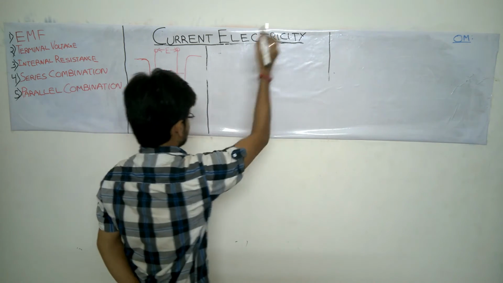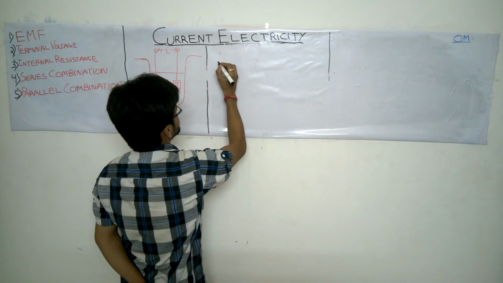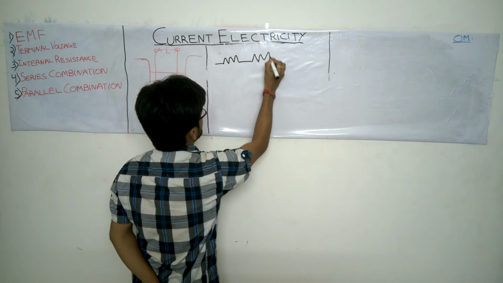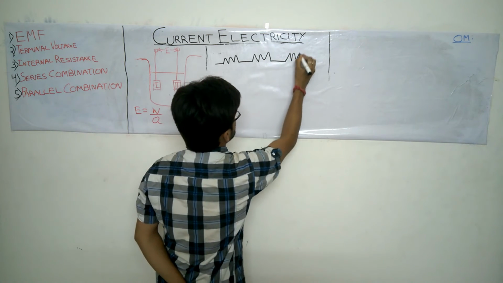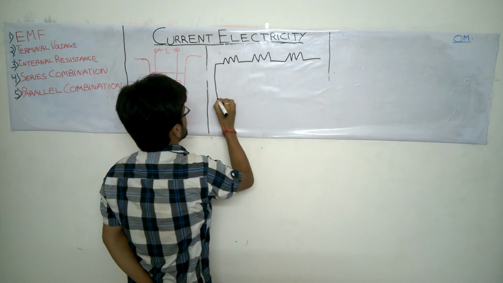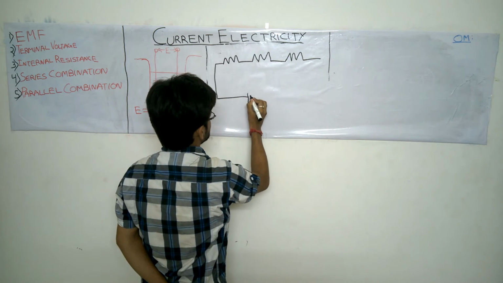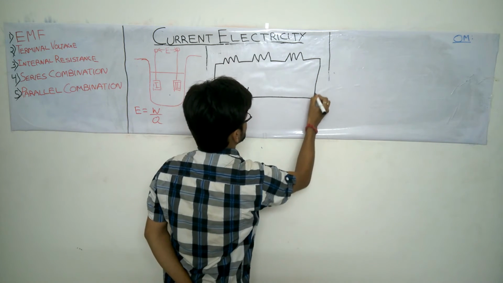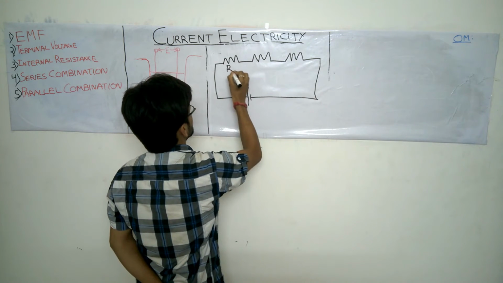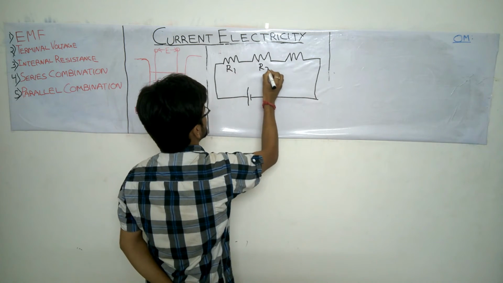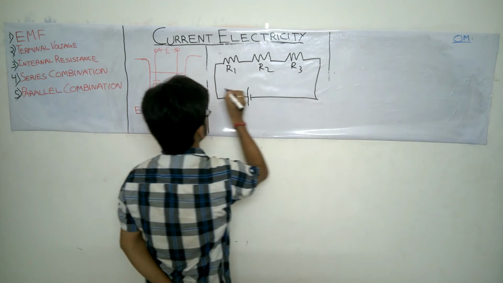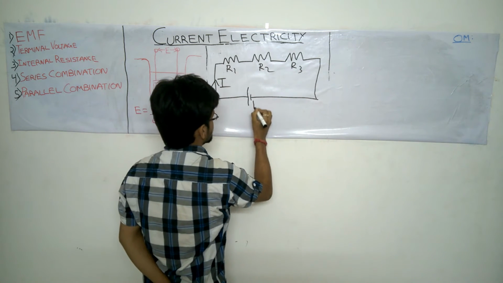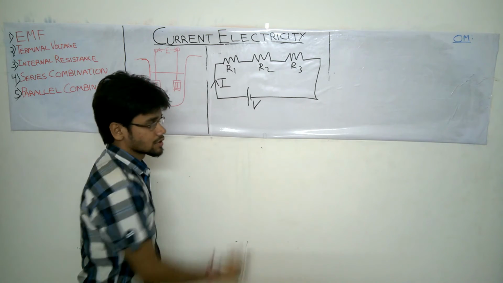So let us have a circuit here. We have a circuit with R1, R2, R3. We have three different resistors. We have a current I flowing in this circuit, and this is the terminal voltage.